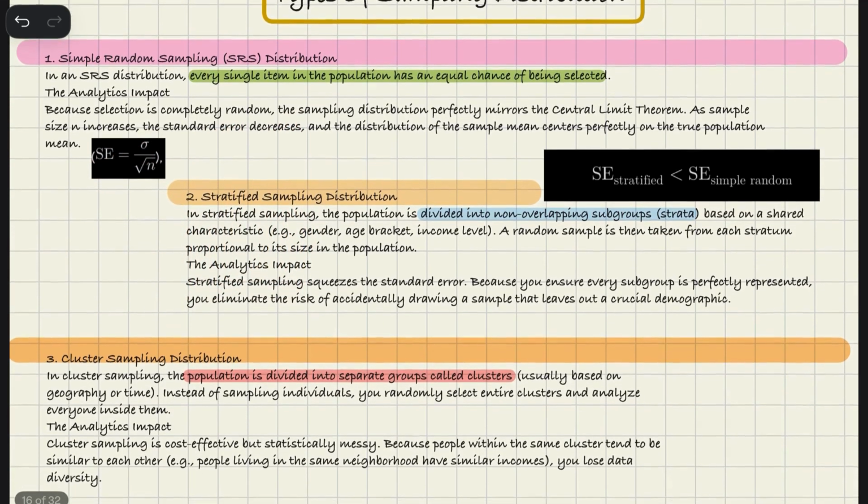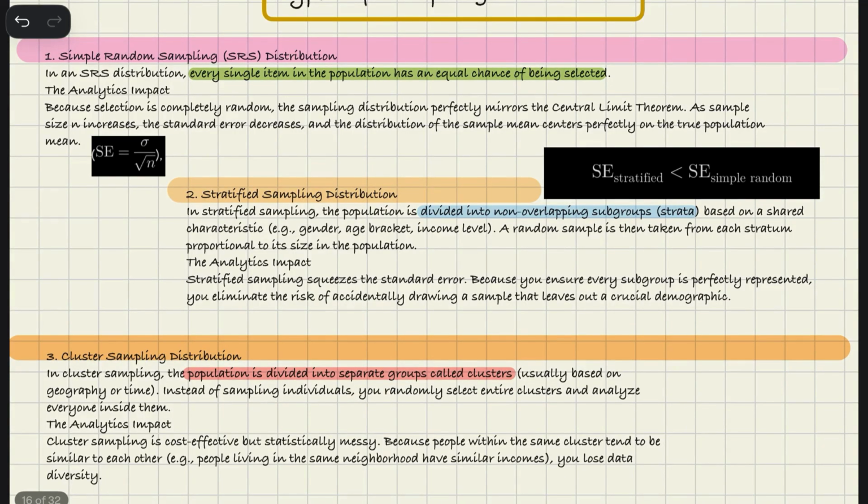For example, imagine you have a giant tub of ice cream, perfectly divided into 3 equal layers: chocolate, vanilla and strawberry. If you used simple random sampling with a giant spoon, you might accidentally scoop up mostly chocolate because that is where you shoved the spoon. To use stratified sampling, you recognize the layers, the strata.